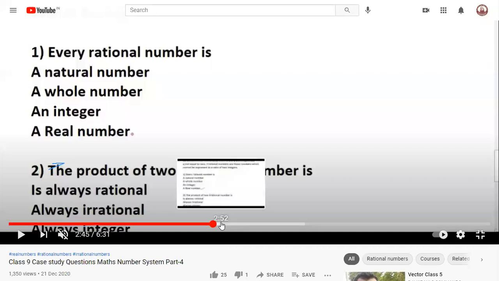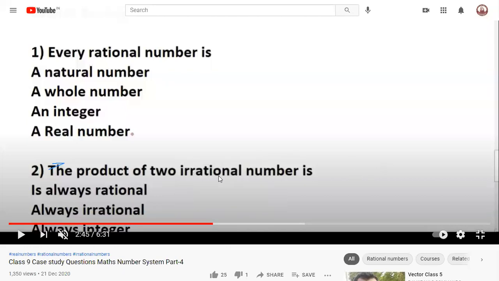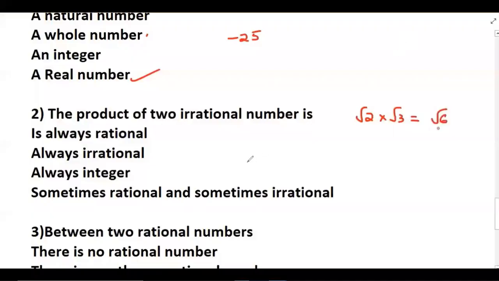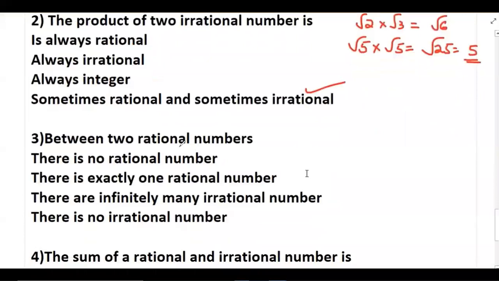Next is the product of two irrational numbers. Like if I take root 2 and root 3. Now listen. The product of two irrational numbers, the example is root 2 into root 3, that is root 6. Root 5 into root 5 is root 25, that is 5. You know that when you multiply two same irrational numbers, the answer comes out of the root.